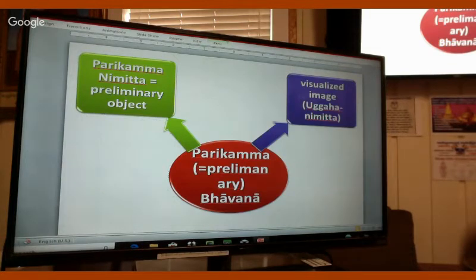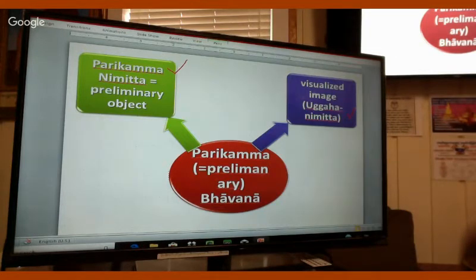We need two kinds of meditation object, what we call parikama nimitta and ugaha nimitta. So parikama bhavana works with these two kinds of objects.